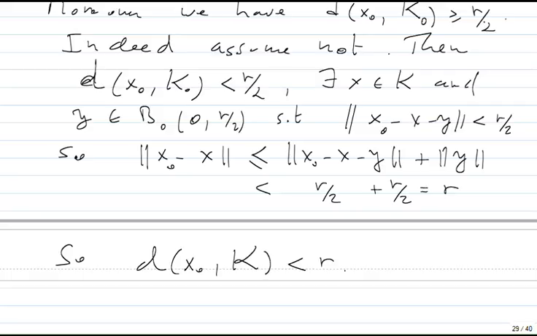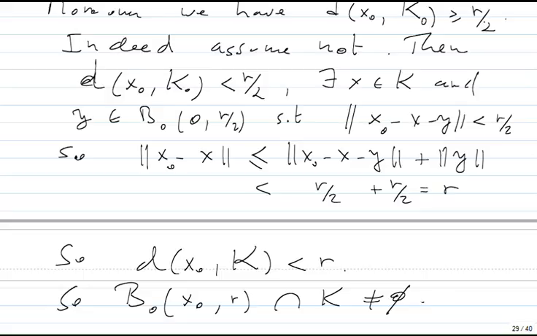In other words, the ball of x0 and radius r will intersect K, which initially we said is not the case.